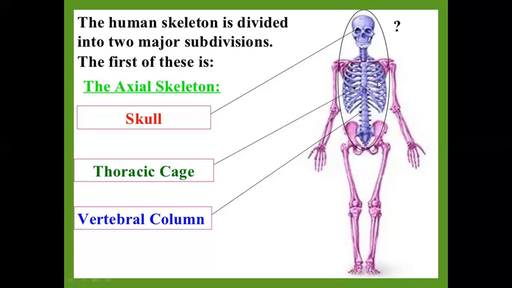This part is also called the sternum, and there are 24 ribs. This long part is called the vertebral column. So this axial skeleton consists of how many bones? It consists of 80 bones. Is it clear? This whole consists of 80 bones.